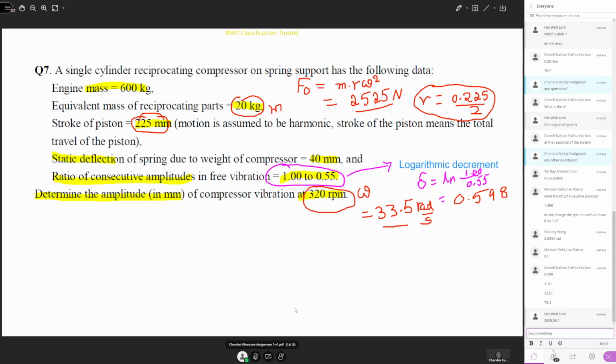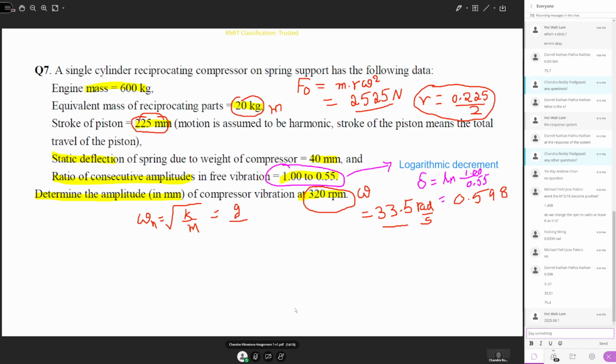Omega n is equal to the square root of K by M. We can replace K with mg over delta, so this becomes g over delta.